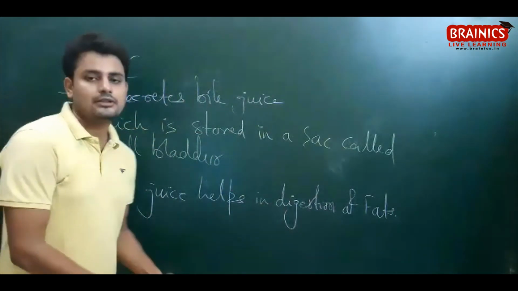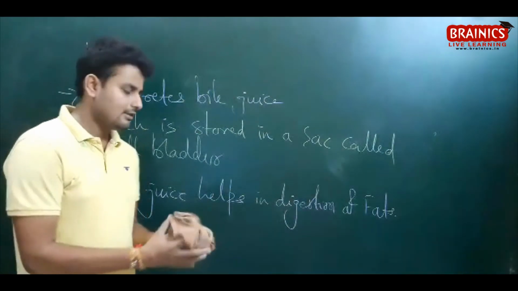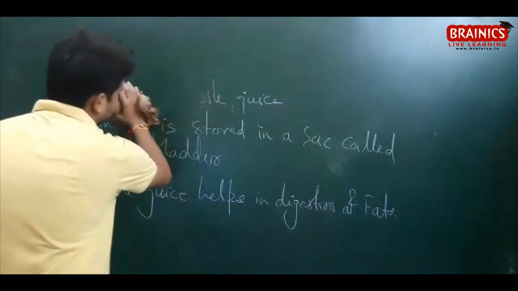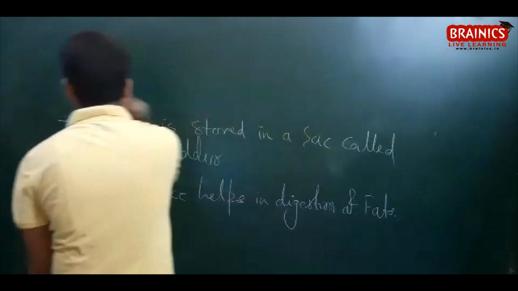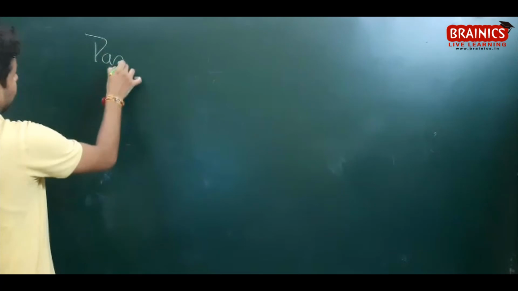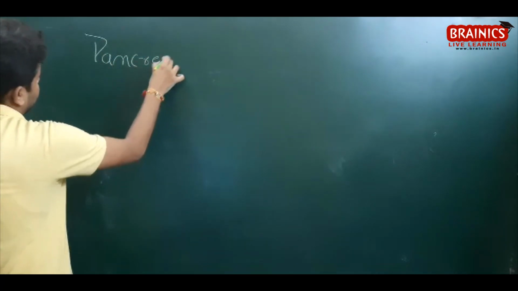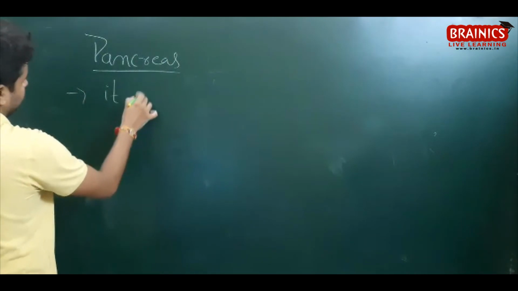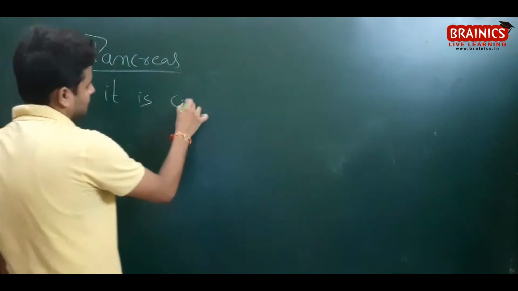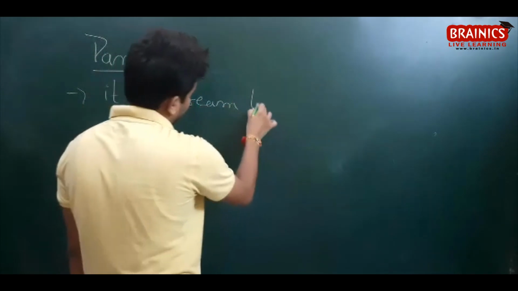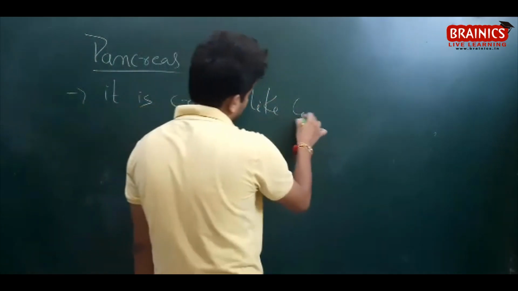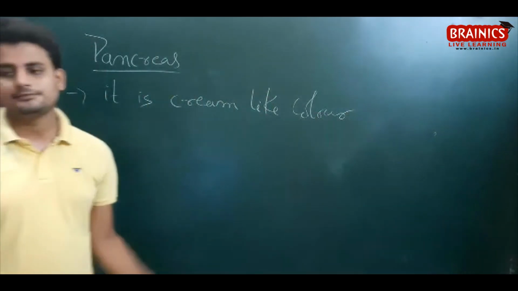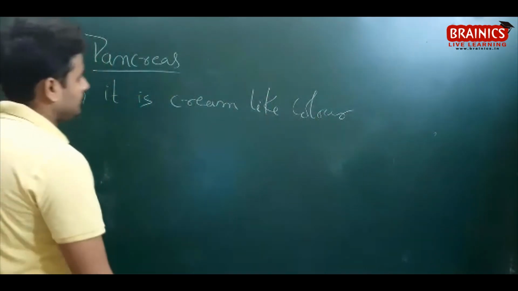The pancreas is a large, cream-colored structure, which is situated below the stomach, on the left-hand side. It is a cream-colored gland.